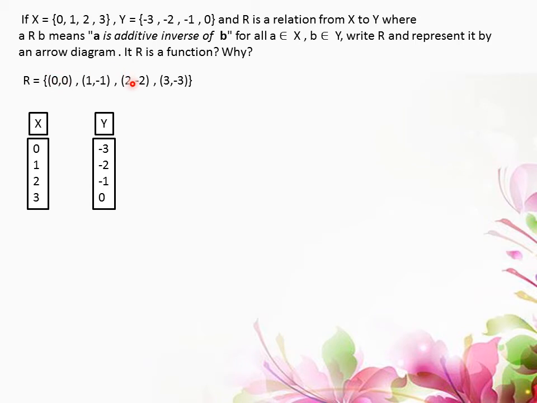And let's draw the arrow diagram: 0 with 0, 1 with -1, 2 with -2 and 3 with -3.